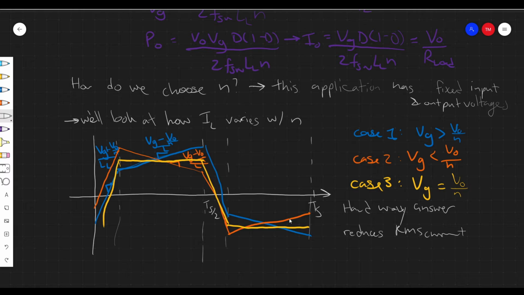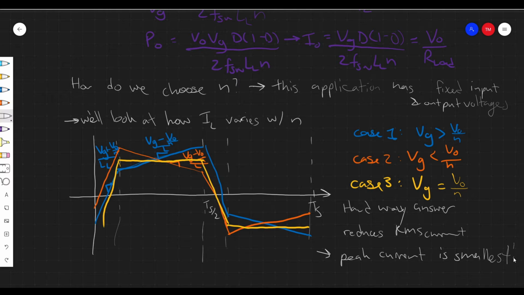Or you could say that the peak is much closer to, let's say, the rectified average. Or the peak current is smallest. So by choosing N equals Vout over Vg, we reduce the peak current in the inductor over the range of currents. And if we do that, then we can kind of reduce conduction loss a little bit.